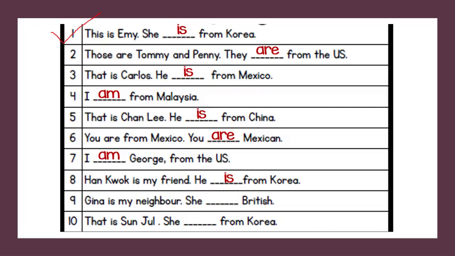Number 9, Gina is my neighbor. She is British. Another tick if you got that correct. Number 10, that is Sunju. She is from Korea. Another tick if you got that correct.